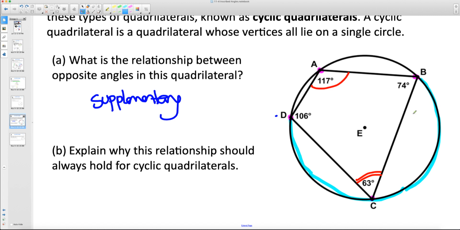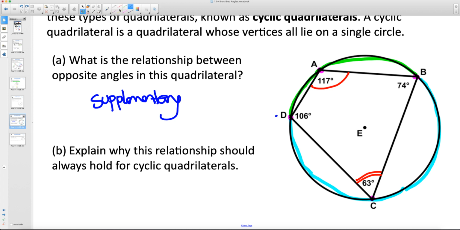Angle C is an inscribed angle, but angle C intercepts this arc. Well, those two angles added together intercept the entire circle. They intercept 360 degrees. So together, the angles are going to be half of 360, which is 180 degrees.